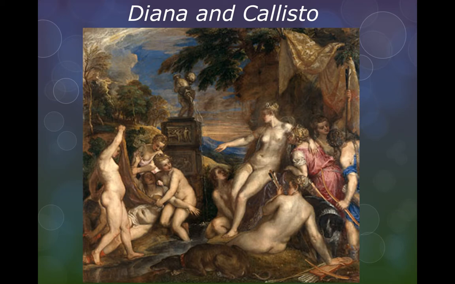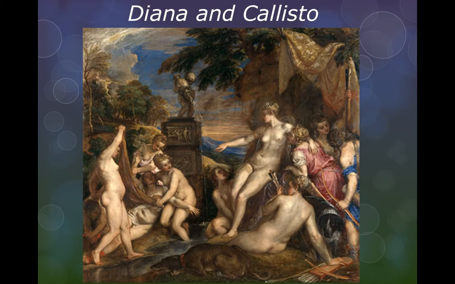And the story is that this is moments after Diana discovers Callisto is pregnant by her father. And her father, Diana's father, was Jupiter or Zeus.